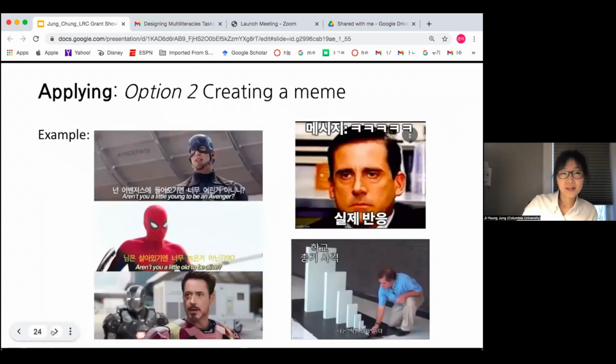Okay. And another option for my students was to create a meme, and I presented an example in plain style. The first meme shows ageism and some kind of hierarchy, even though these are Avengers, right? Americans. And the second and the third are examples that my students produced.